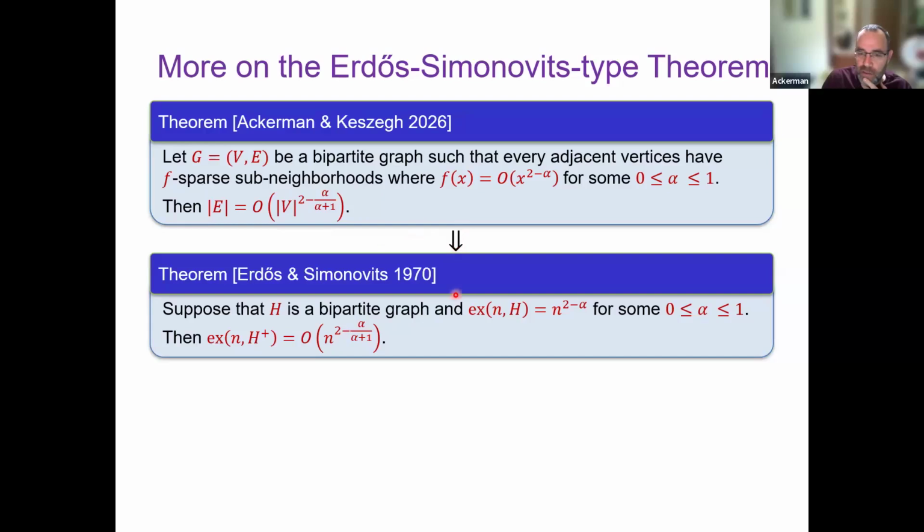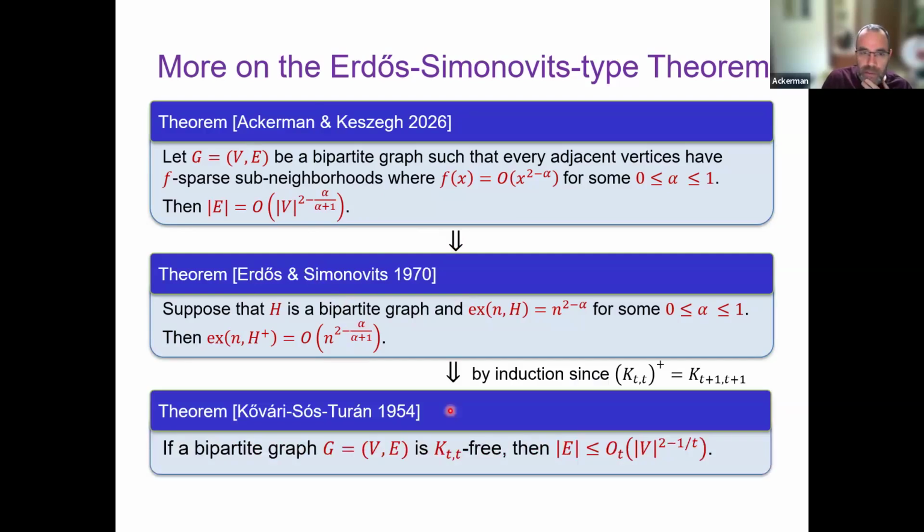So our result actually implies the result of Erdős and Simonovits, and their result in turn implies the Kővári-Sós-Turán theorem, at least the symmetric case, just by using induction and noting that if you take a K_{t,t} and apply this plus operation, you add two adjacent vertices and connect them to all the vertices on the other side, then you get K_{t+1,t+1}.